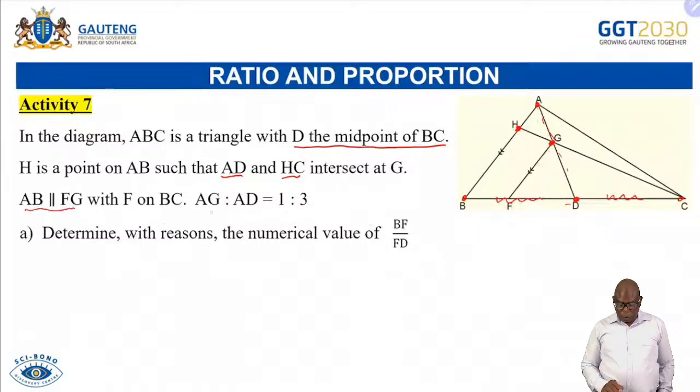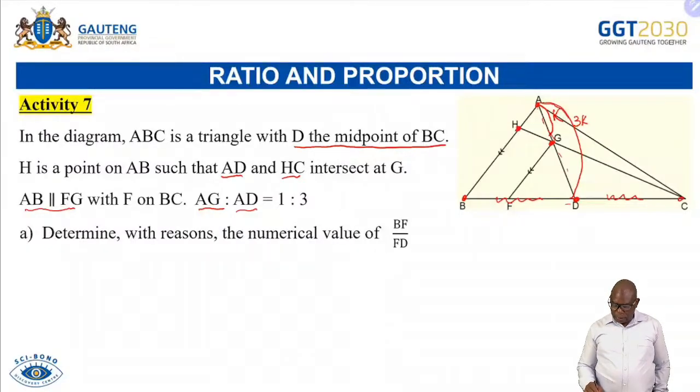So AG and then AD. Now I can see that the whole length here is 3K. This small length here is K, which means that length there will be 2K. So the whole length will be 3K.